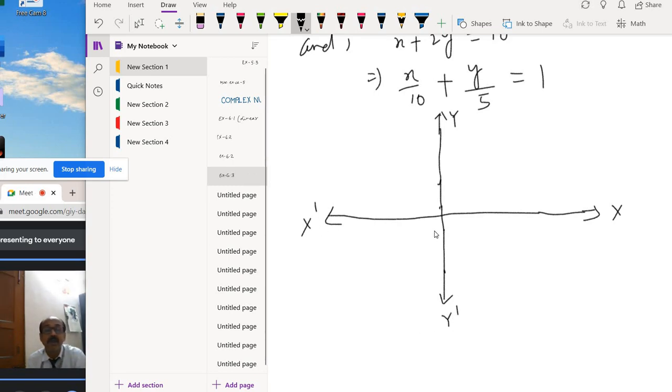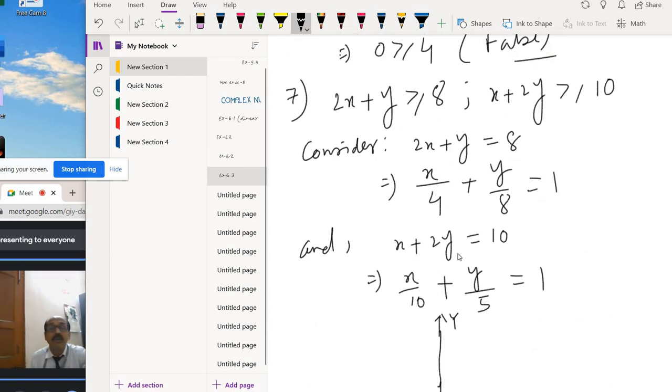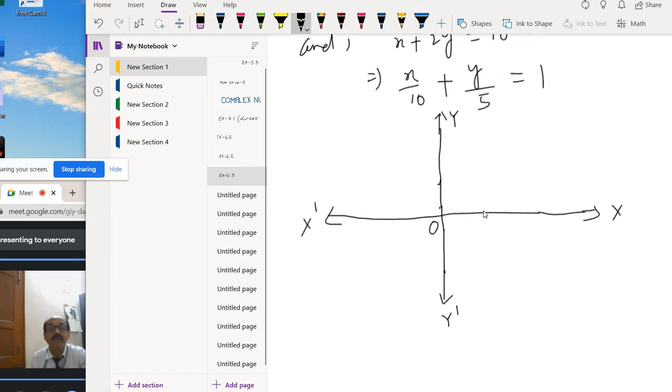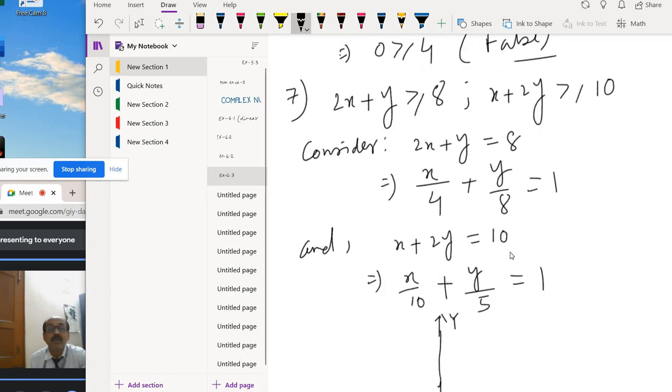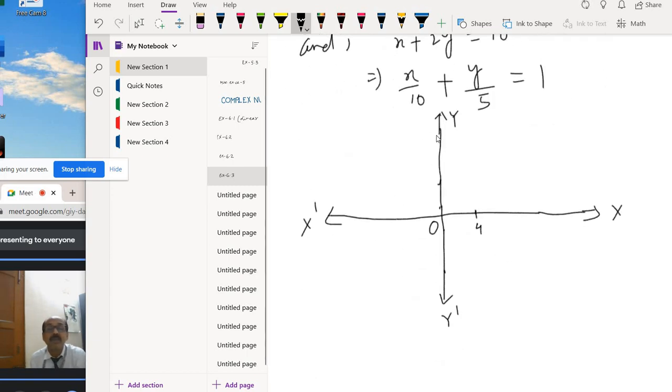O is the origin. So the first line is x by 4, y by 8 equal to 1. This is 4 on the x-axis, and this is 8 on the y-axis. Now join these two points.